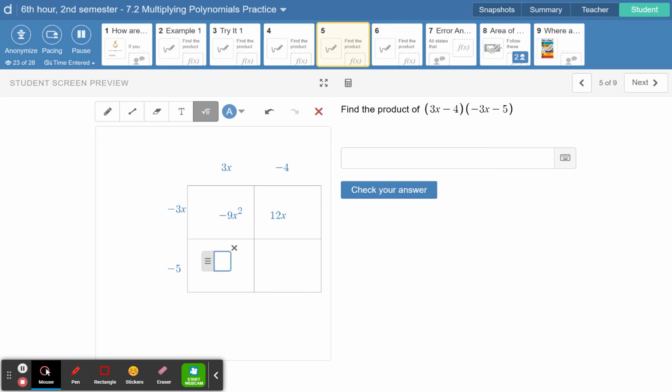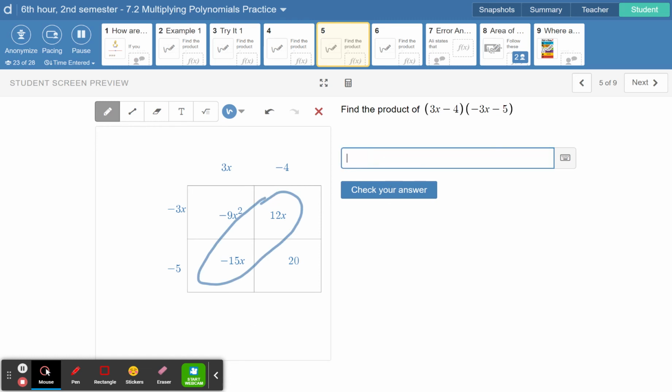And then our bottom is negative 15x, and then negative times a negative is positive. So for the most part, I'm not going to say always, but for the most part, your diagonals should be the like terms, and you're just adding the 12 and the minus 15. So we're going to get a minus 3. Don't forget the x. That's 20.